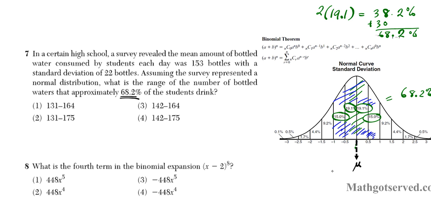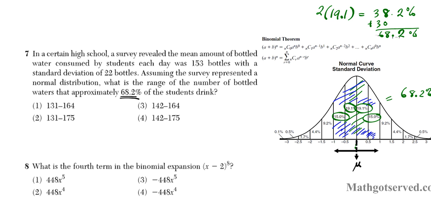Then we deviate one full standard deviation to the left and one full standard deviation to the right, so that we capture that 68.2%. It's basically 34.1% on both sides.